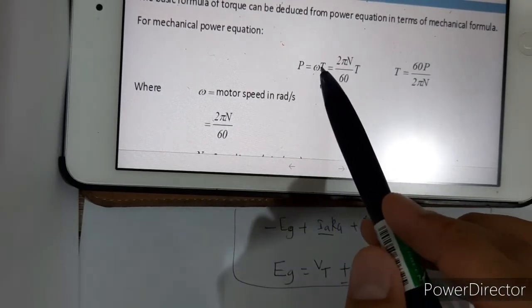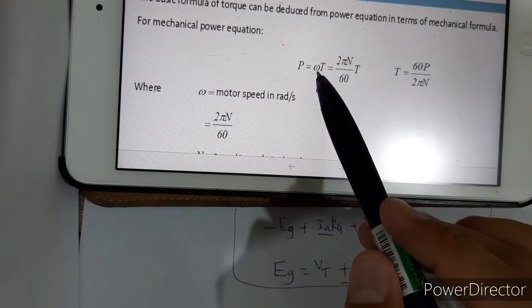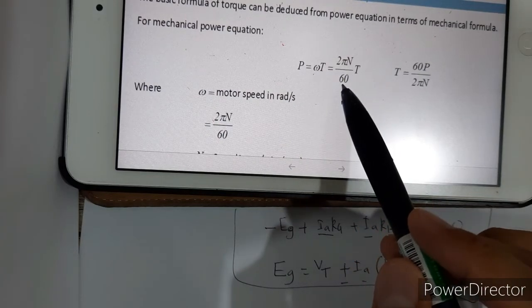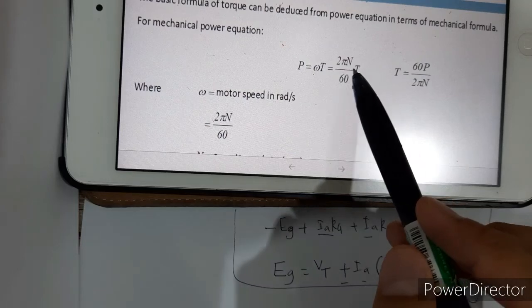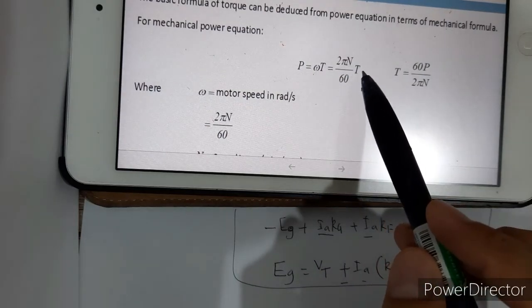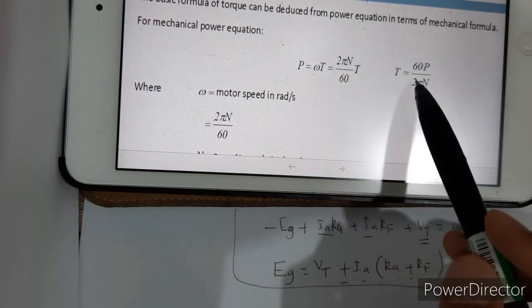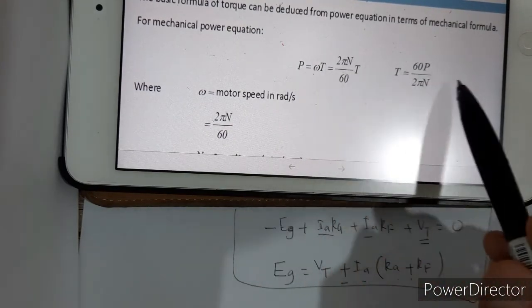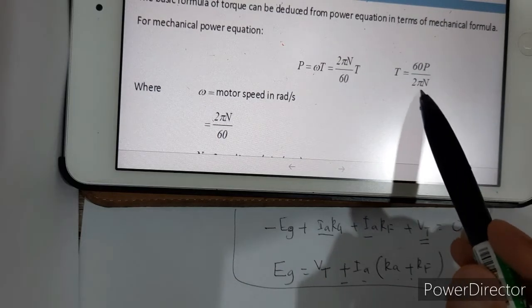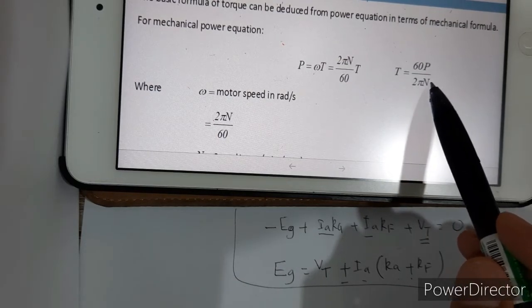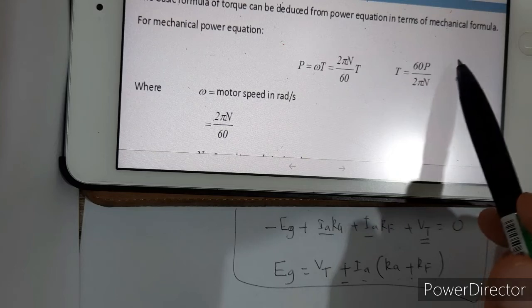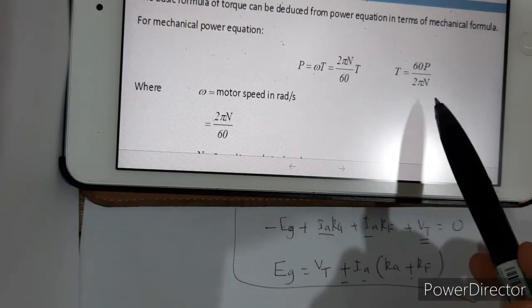If we substitute omega with 2 pi n over 60, the equation will be P equals 2 pi n over 60 multiplied by T. What we want to determine here is T. So T equals 60P divided by 2 pi n. n is speed in RPM. So this is the equation used to determine torque.